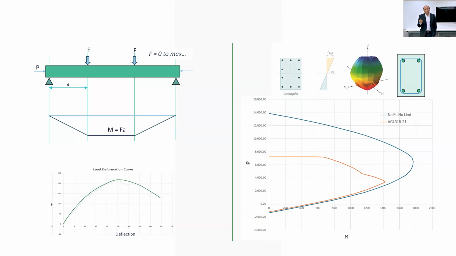But the capacity equation and interaction diagram on the right only gives us the condition when this moment has reached the theoretical ultimate moment, not all the moments when the beam is going through this deflection curve. So that means it's just one point on that curve, and that too not real because it is based on factored load and factored capacity, but the actual load applied here, F, is not factored.